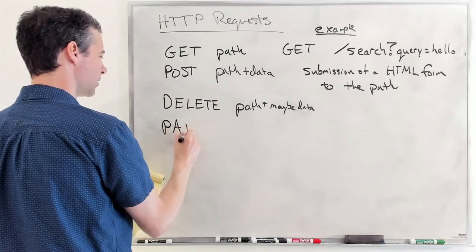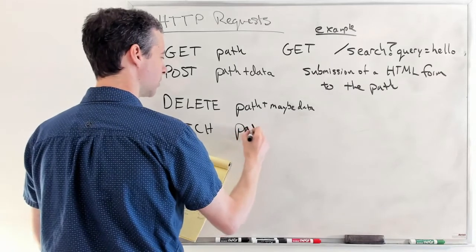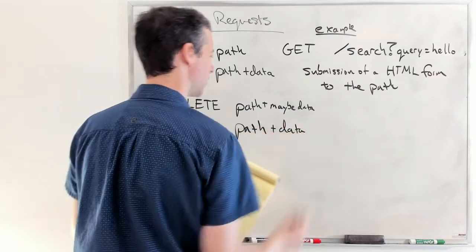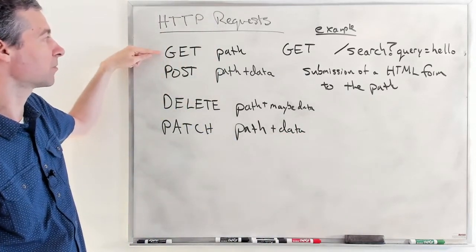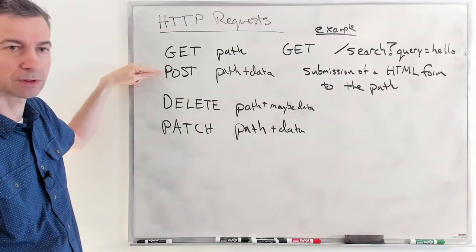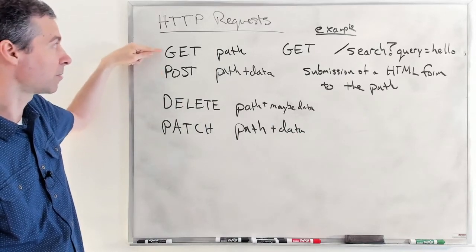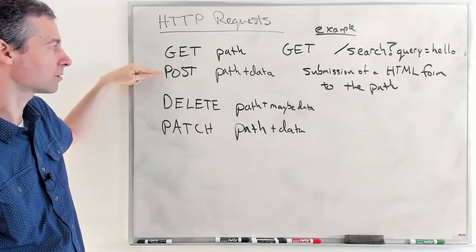Likewise, there is a PATCH request, and that comes into a particular path. Plus, it does also have data. So with GET, we basically want to read. With POST, we want to create or insert things.